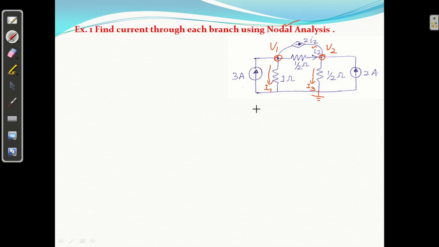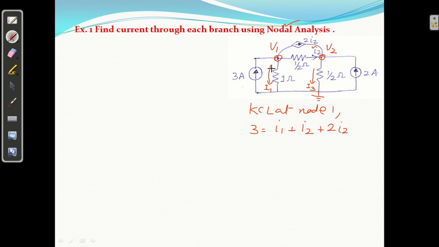Now KCL at node 1. What is the KCL at node 1? Incoming current equals outgoing current. The incoming current is 3 ampere, and the outgoing is I1 plus I2 plus 2I2.